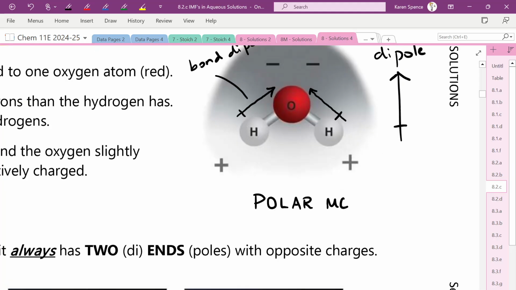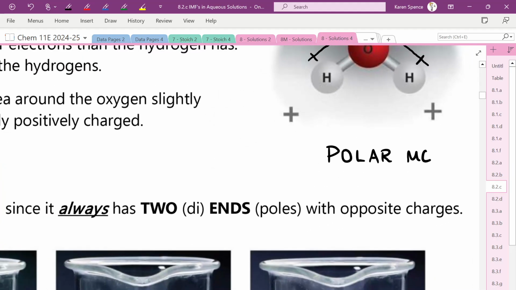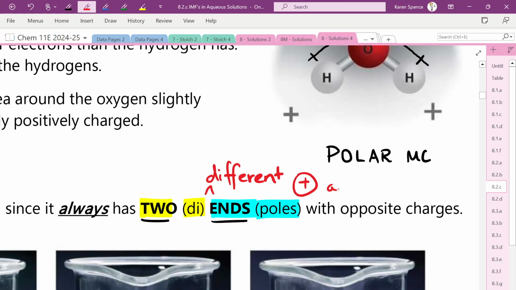Two. And what does pole mean? End, essentially. So this molecule has two ends. It has two different ends, one positive and one negative.